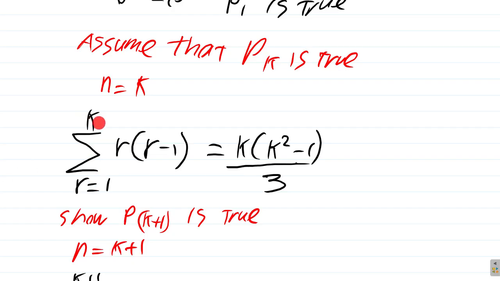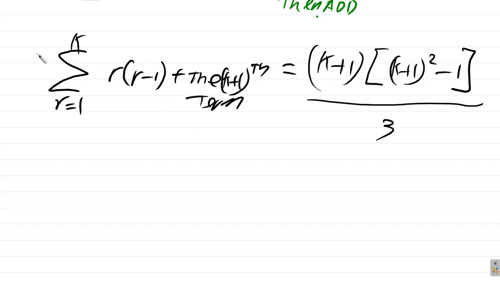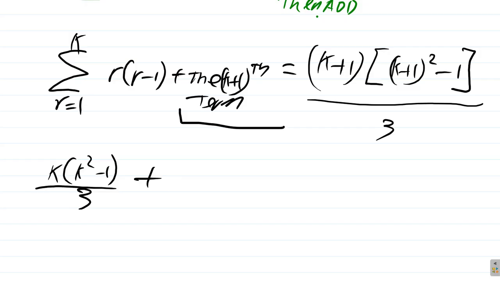The sum from r equals 1 to k of r minus 1 is equal to k squared minus 1 over 3. So this part is k squared minus 1 divided by 3 plus, then this part now, what is the k plus 1th term?